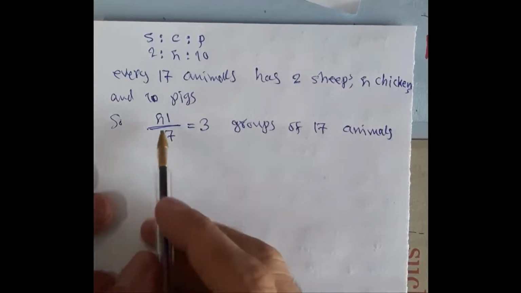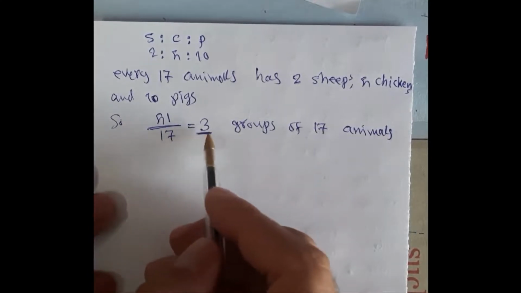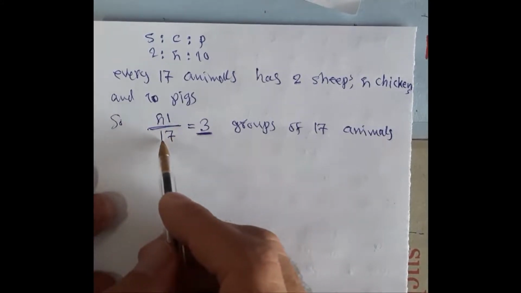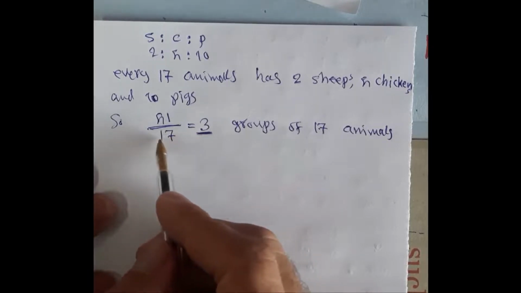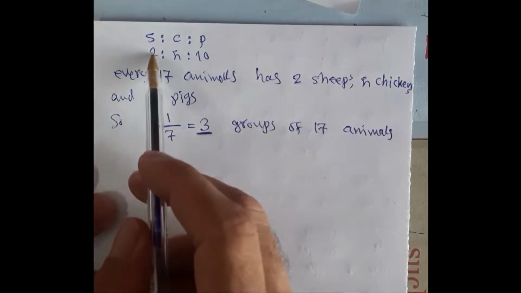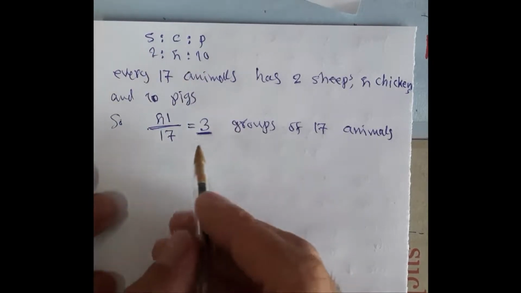If we have 51 animals, then totally we have 3 groups, and in every group there are 17 animals, of which 2 are sheep, 5 are chickens, and 10 are pigs.